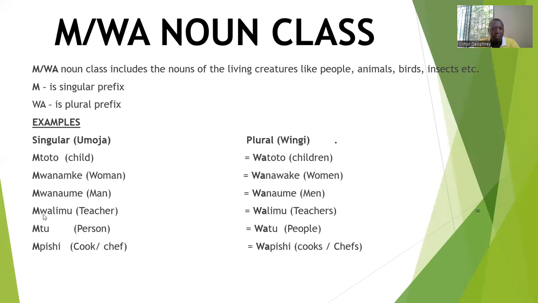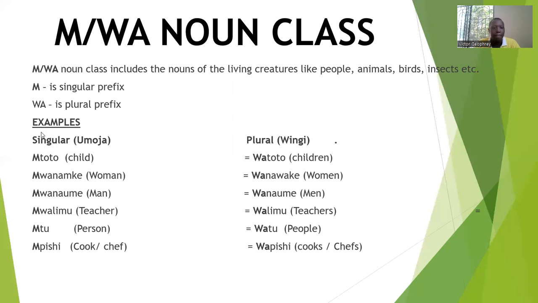Mwalimu starts with M in the singular, walimu, wa. That's why it's wa. Mtu, a person. Watu, people. Mpishi, wapishi. So wa. Those are just examples of the nouns that are in the one noun class.